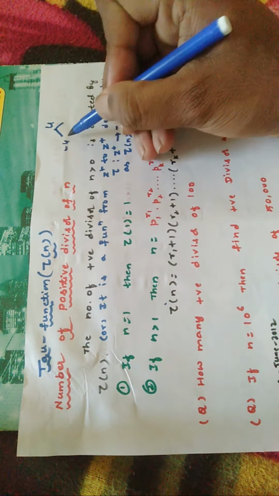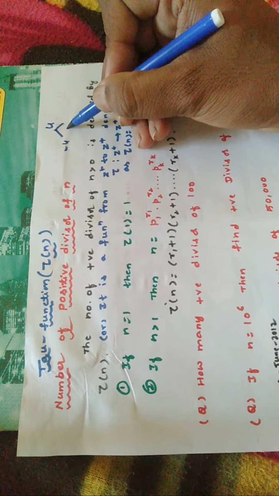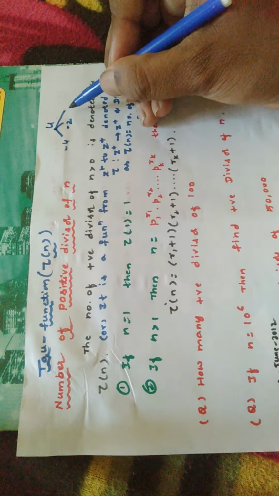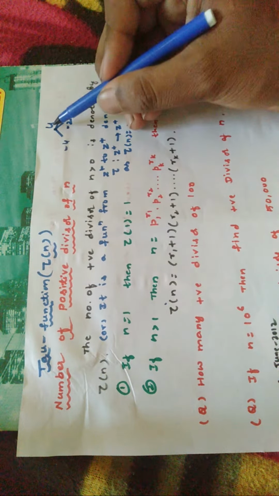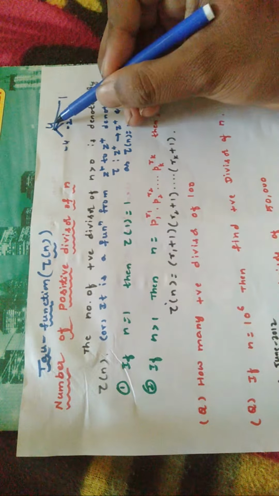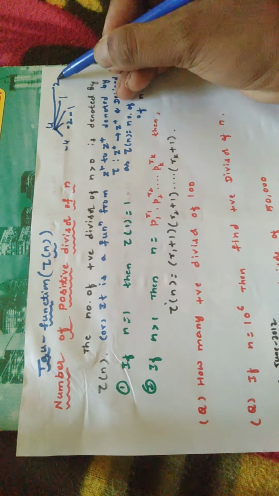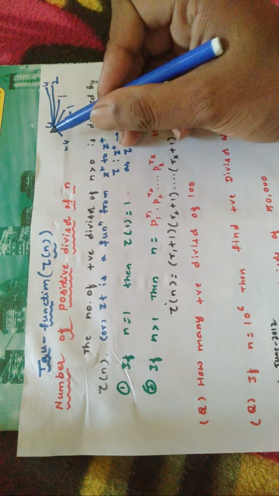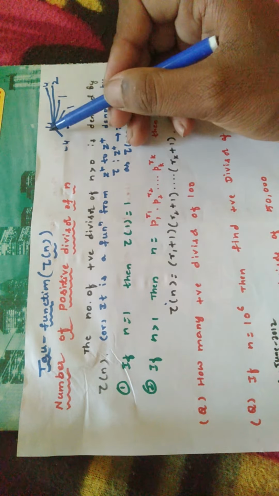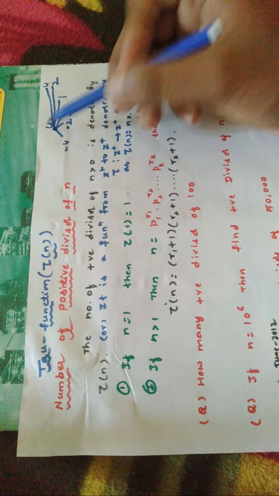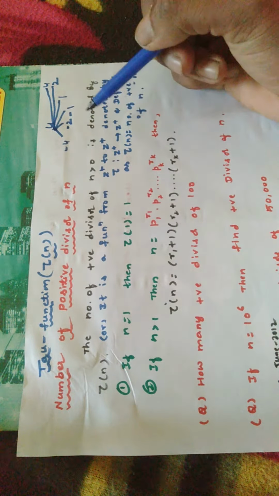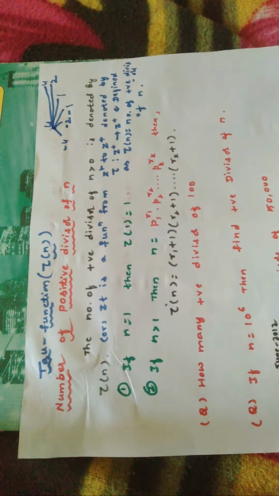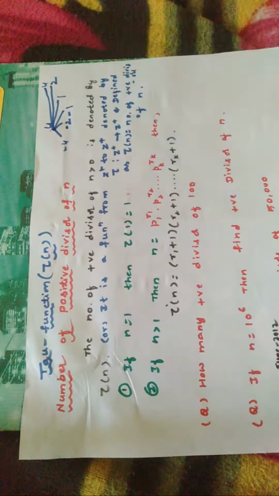Minus 4 also divides 4, minus 2 also divides 4, minus 1 also divides 4, 1 also divides 4, 2 also divides 4, and 4 divides 4. These are the divisors of 4.